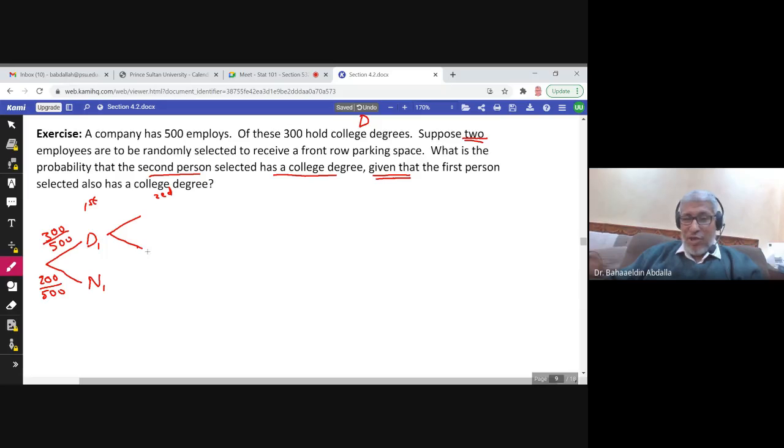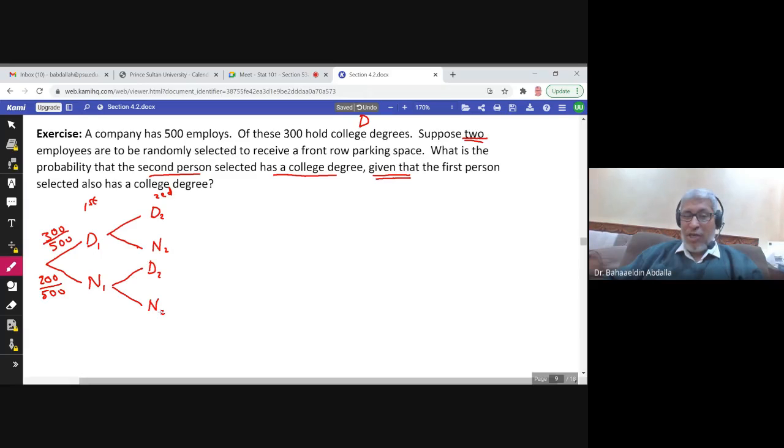So all the choices in the second branch of the tree are in fact conditional probabilities because you are assuming that D1 has happened. If D1 happened, the second employee could also have a college degree. Let us call it D2 or N2.